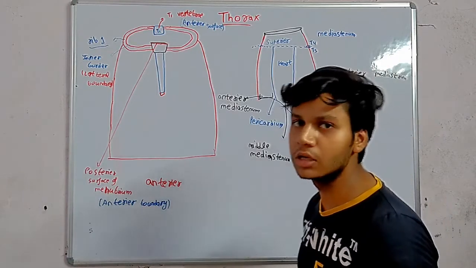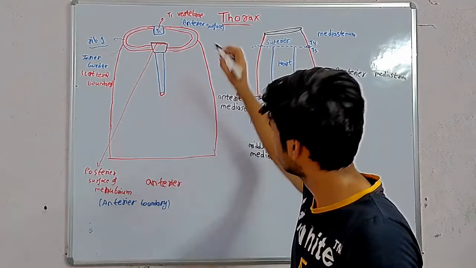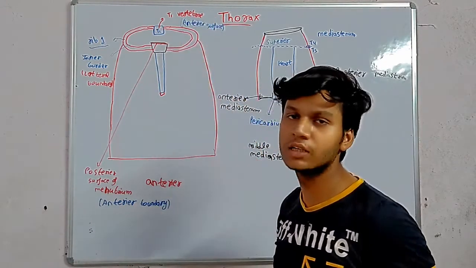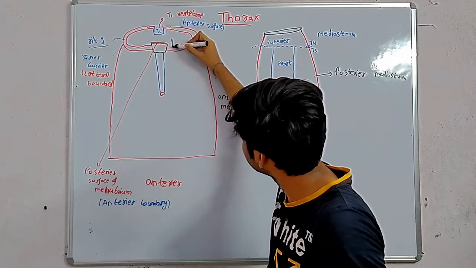Now take the section and try to fill the organs found in them. So we know that in thorax the major structure is lung. So we draw the lung like this.